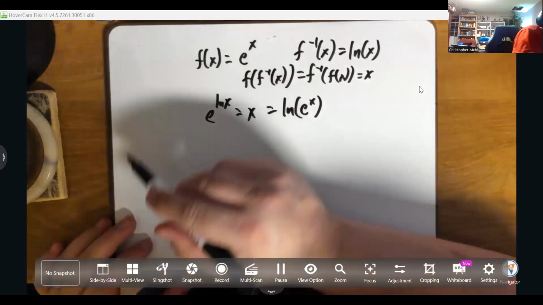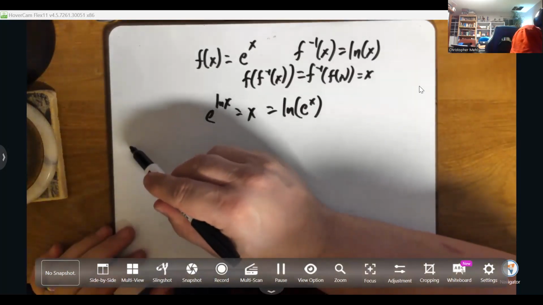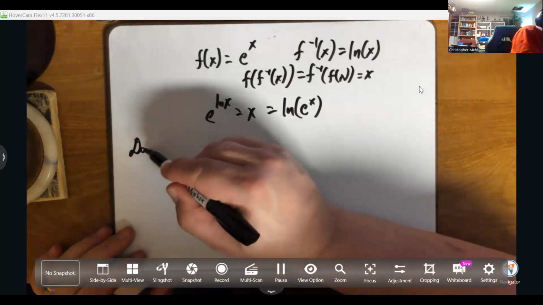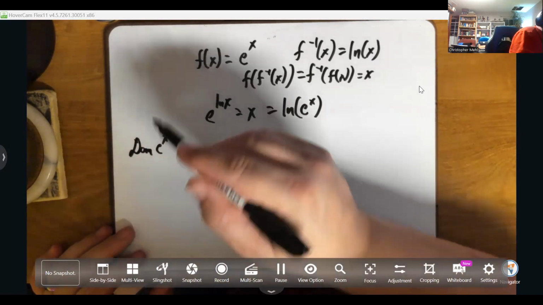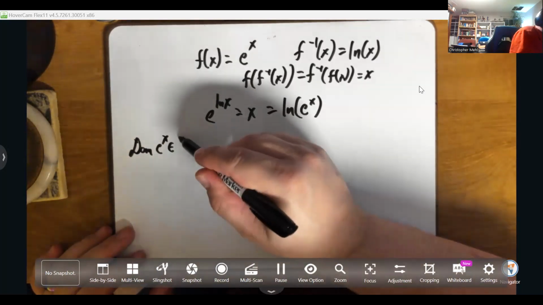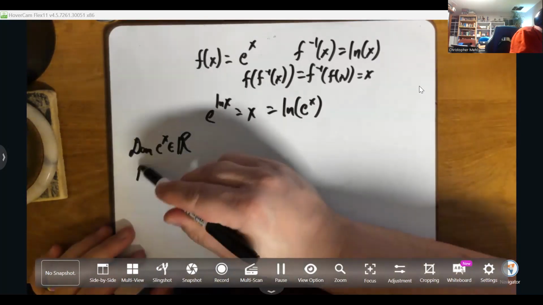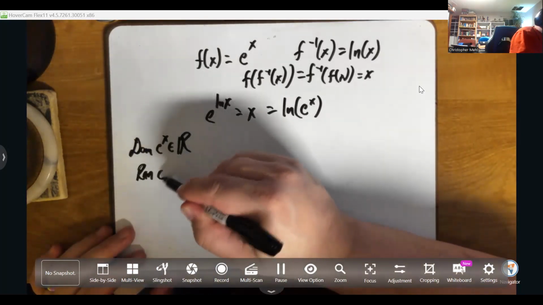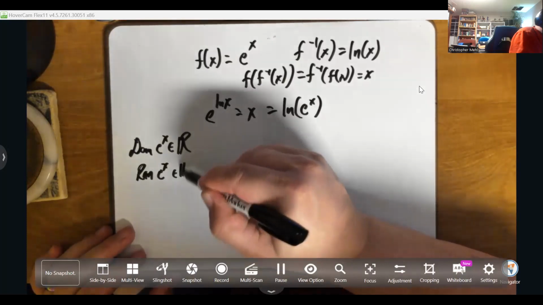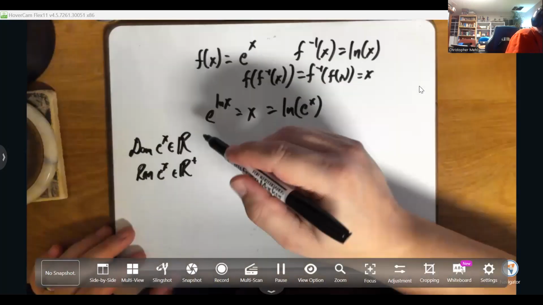We said a couple of other things. We said that the domain of e to the x is all real numbers, but the range of e to the x is positive only.